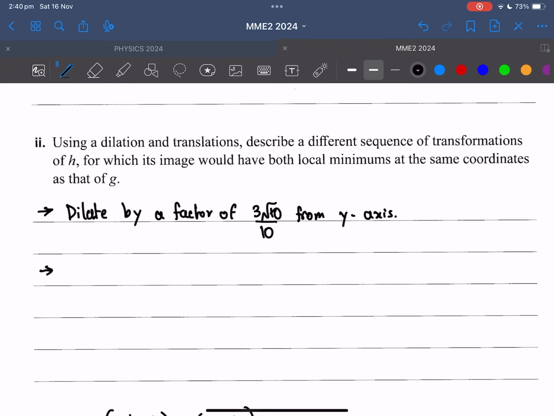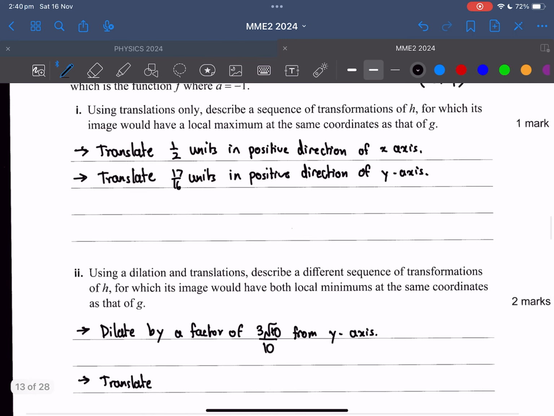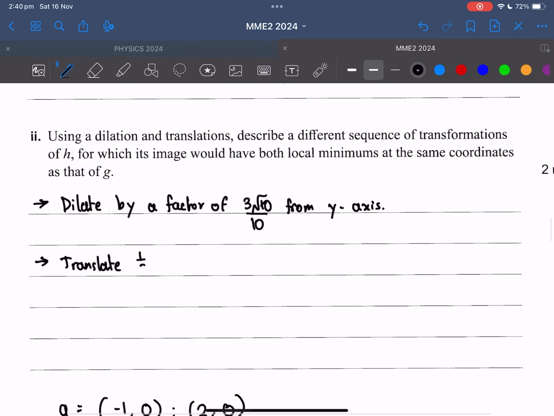Then we translate half units in the positive direction of the x-axis.